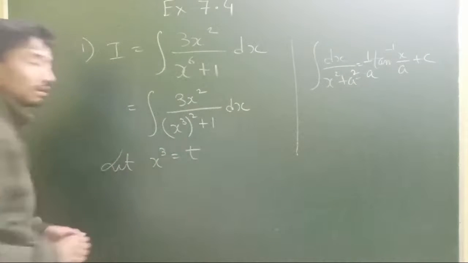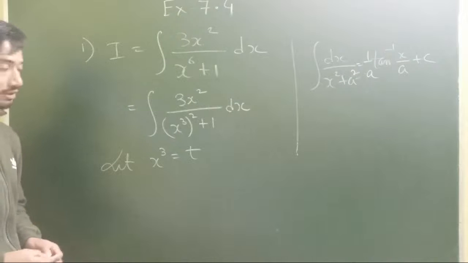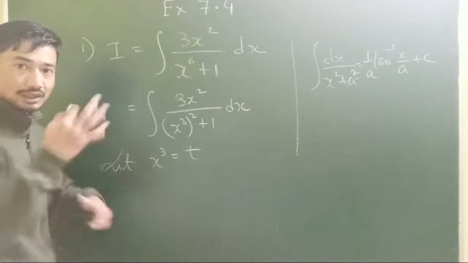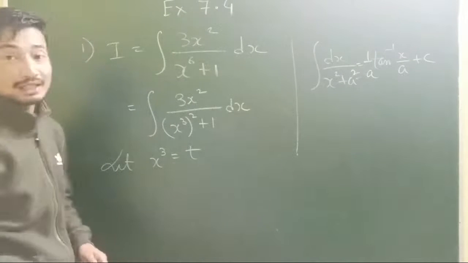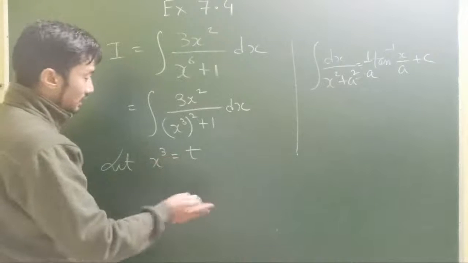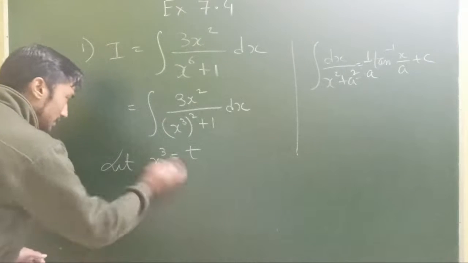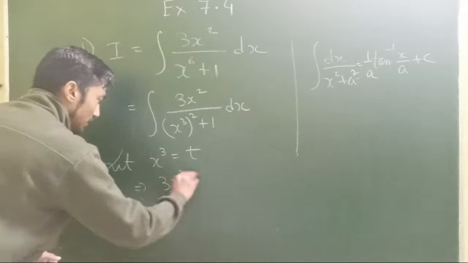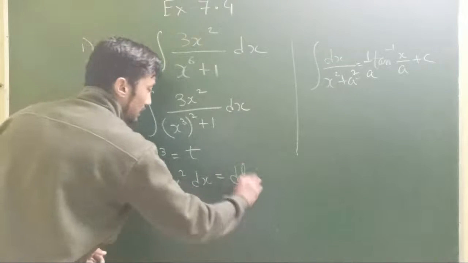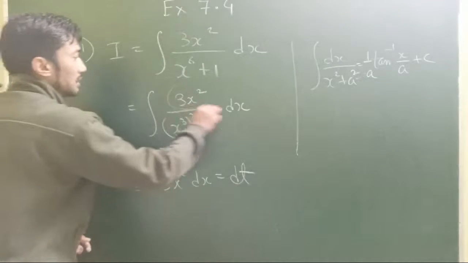So with this, what I can do now is make a small substitution. Let x cube be equal to t. Since we have already done the substitution part, we will not go back and discuss that again. So let x cube be t. If we differentiate both sides, we have 3x squared dx as dt. So this term can be easily substituted.